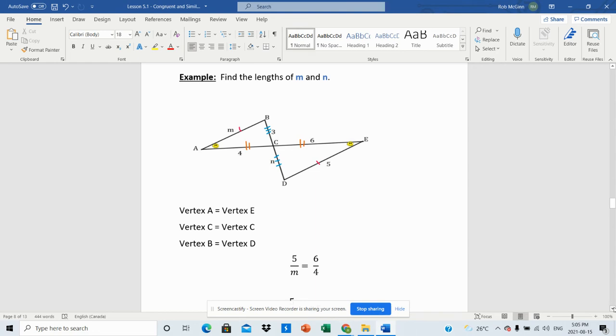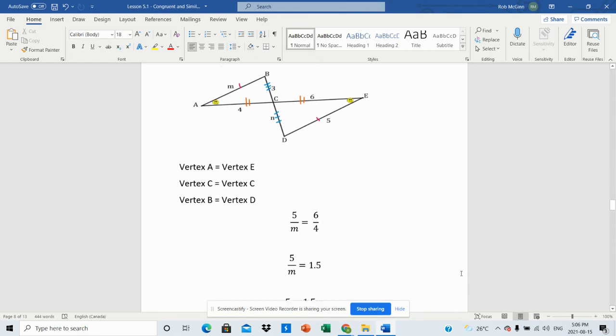The other way we can do it is step by step. On my right-hand side, I'm just going to do 6 divided by 4, and I'll get 1.5, and that's equal to 5 over m. Multiply both sides by m to get rid of the m in the denominator, and that's going to eliminate our fraction. The m's cancel out, so we'll have 5 on the left-hand side, and on the right-hand side, 1.5 times m.